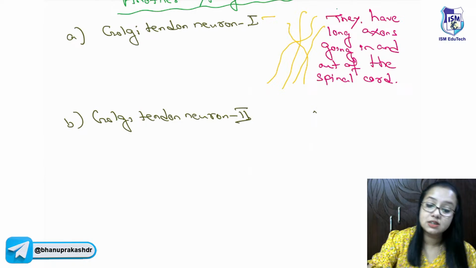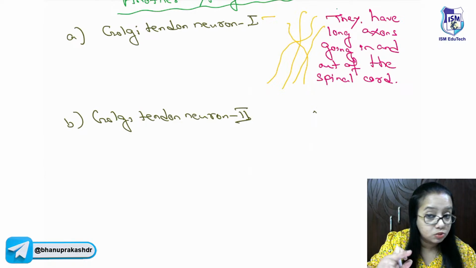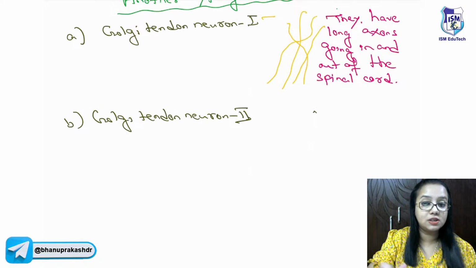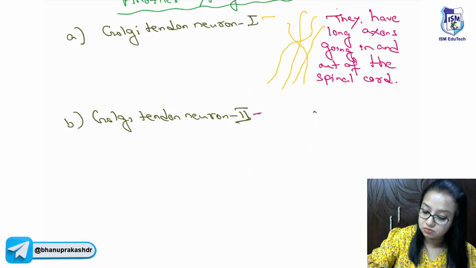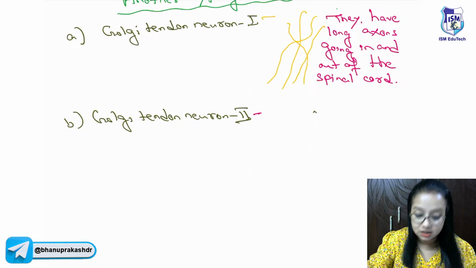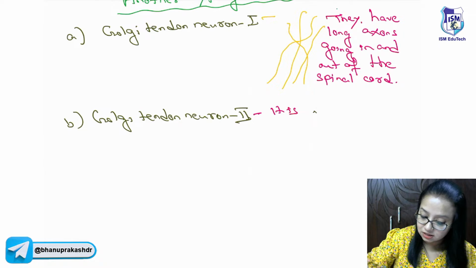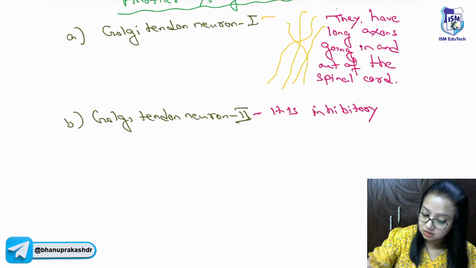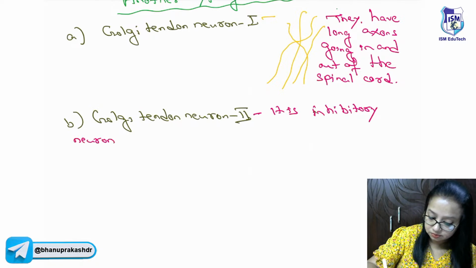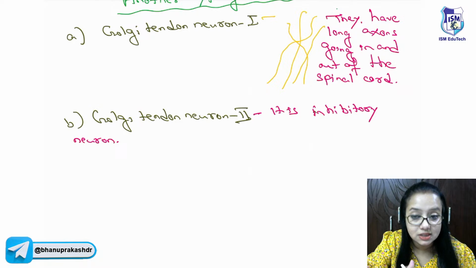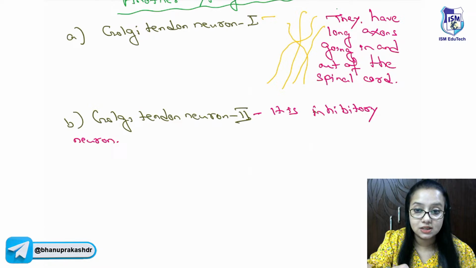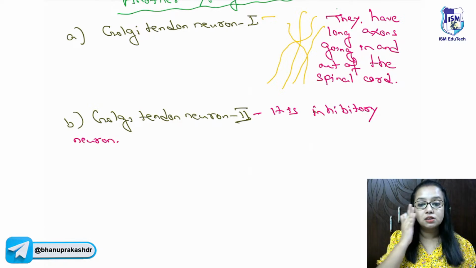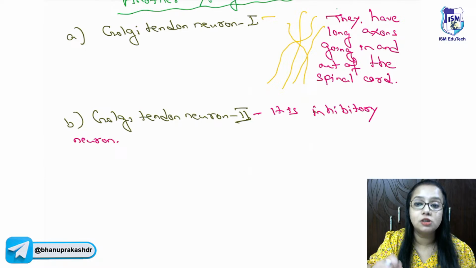Whereas the Golgi tendon type 2 neuron, you would have heard of it in the reflexes. Can anyone tell what kind of function we studied this type of neuron in? Yes, it is the inhibitory neuron. When we talk about the inhibitory neuron, it reminds us of the deep reflex that we call the tendon jerk reflex.